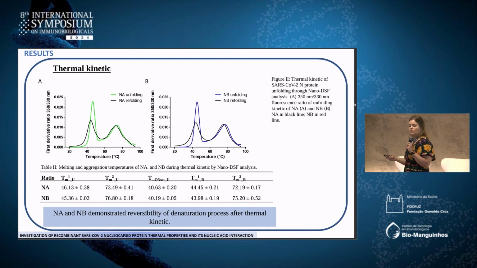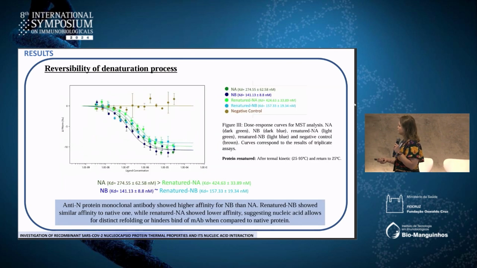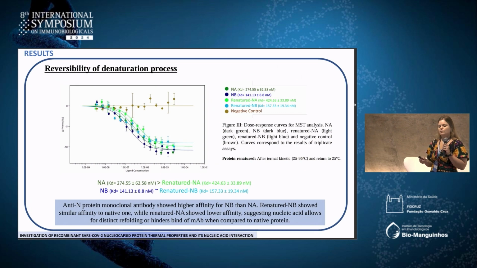And you can see that NA had fewer transitions, and the melting tube methodology showed different results; they have the capability of reversing the denaturation process up to 6 times.